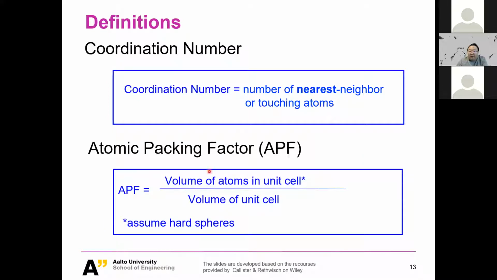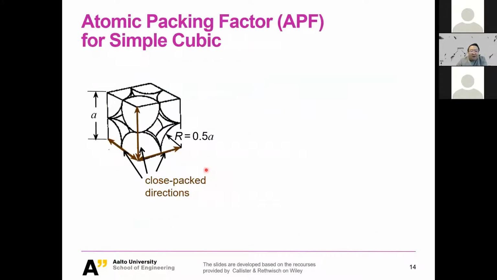Because the first thing you need to get is the volume of atoms in a unit cell. So how to get the volume of atoms? Basically you need to know how many atoms are there in a unit cell, and what is the volume of an atom. Now I'm going to show you some examples or calculations.